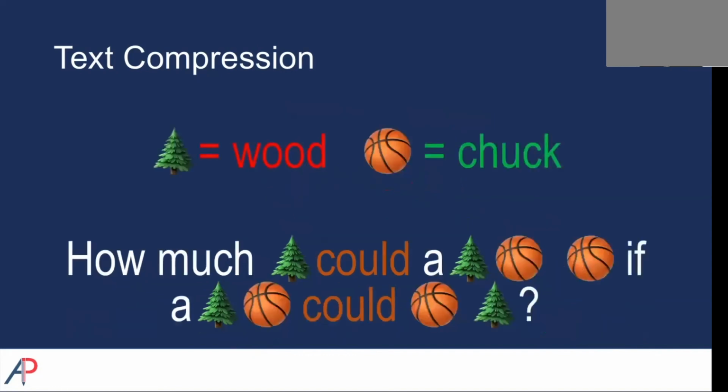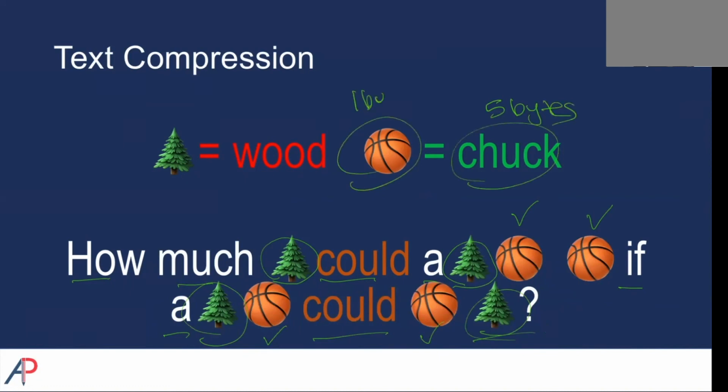After that, we could probably do the same thing for chuck. So this is the same thing as how much wood could a wood chuck if a woodchuck could chuck wood. Same thing going on here. This is 5 characters, so this is 5 bytes. This 1 character is 1 byte.